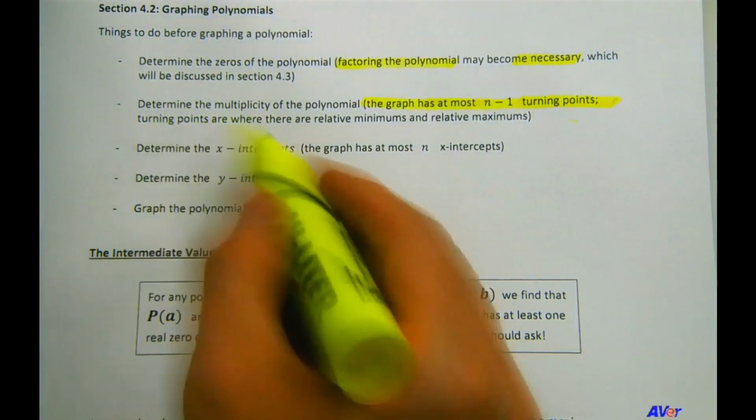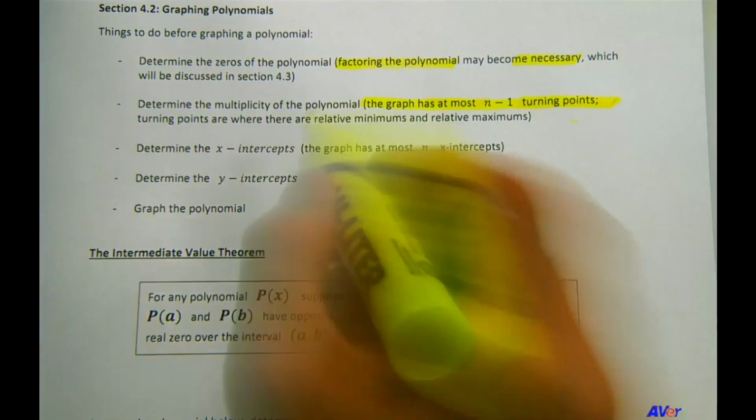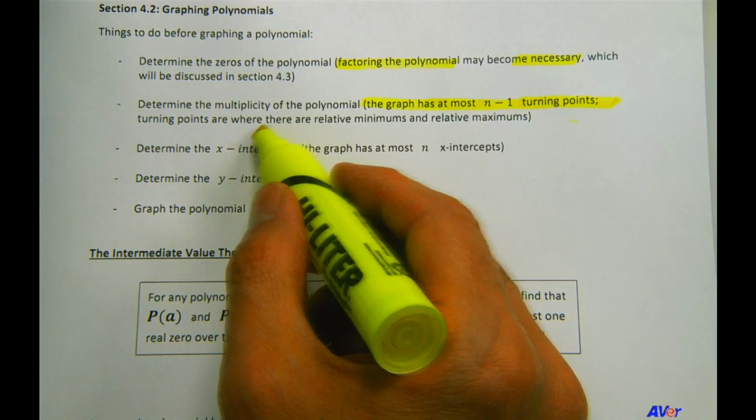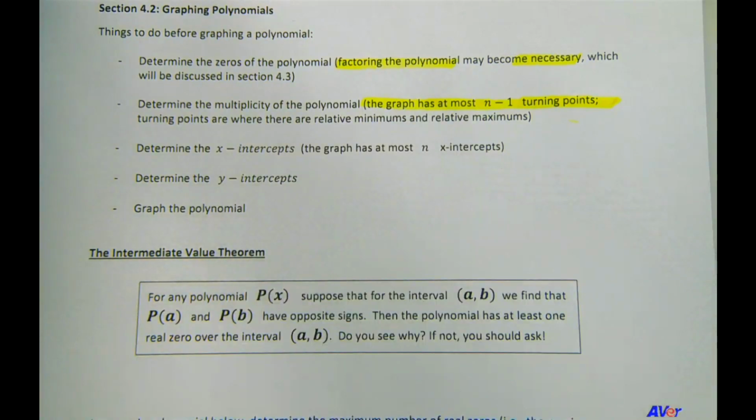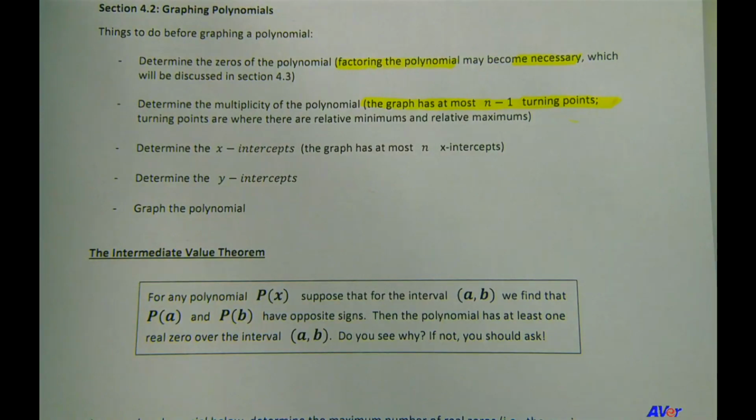And turning points are where the graph changes from relative minimums to relative maximums. Those are the turning points. We've talked about relative minimum and maximum way early in the course. Maybe it was the first or second lesson of this course, about identifying the relative minimum and maximum. But how many of those turning points can we have?